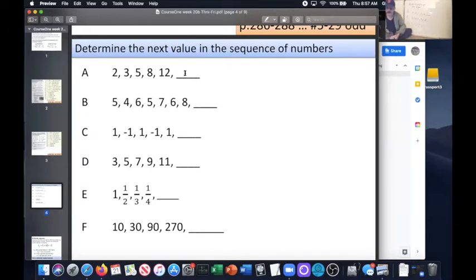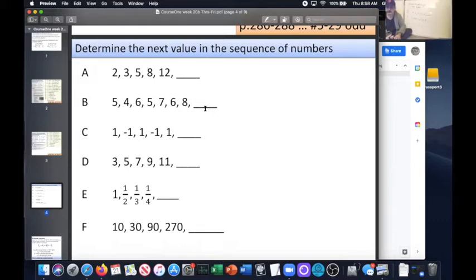All right, so we'll look at part B in a moment. Okay, anyone want to volunteer what they think the number is for sequence B? Is it 7? Okay, so why do you think it's 7?